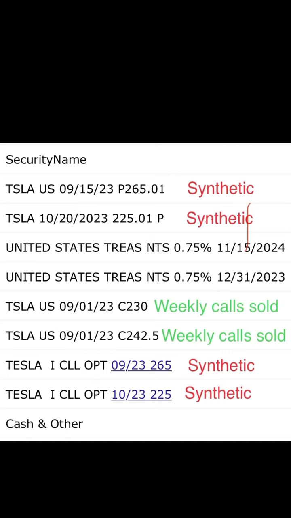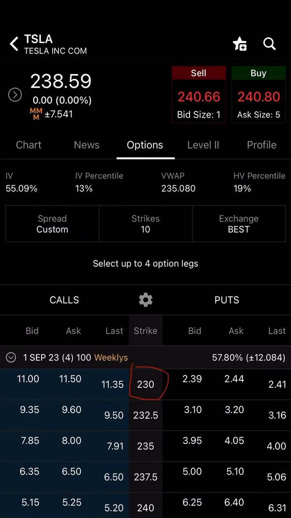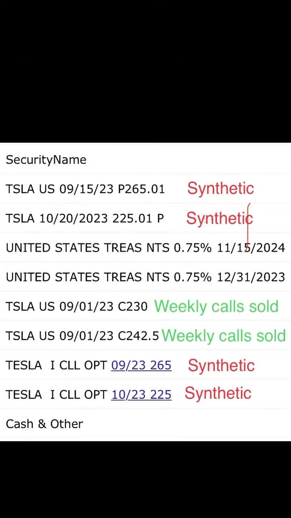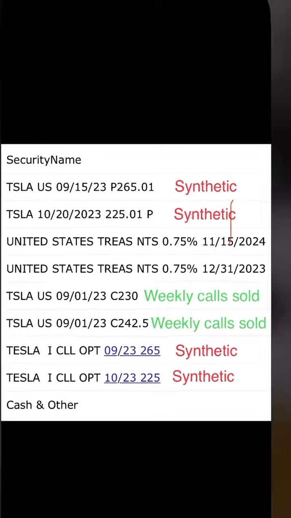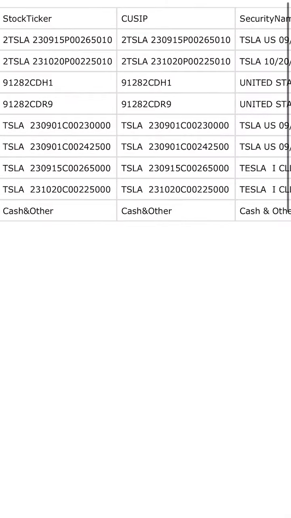Because again, the 230, the buyer is going to look for that premium. They're going to make some money, or they're going to want the shares. But obviously, we cannot deliver the shares because we don't own them. So anyway, that's the holdings, and that's how it works.